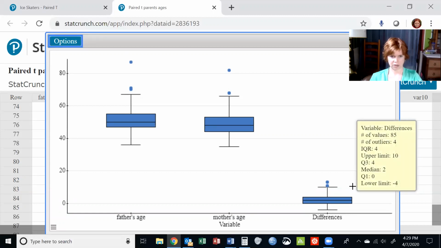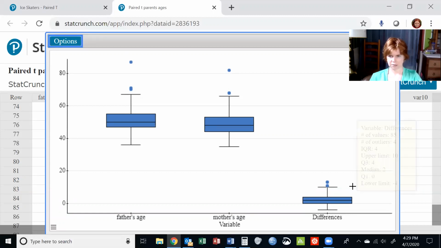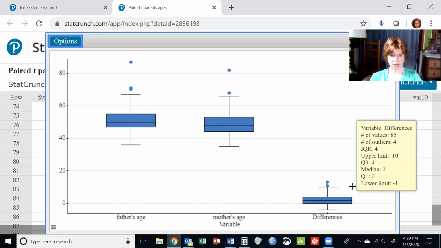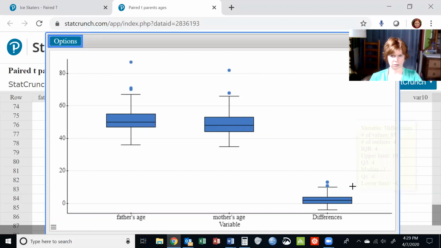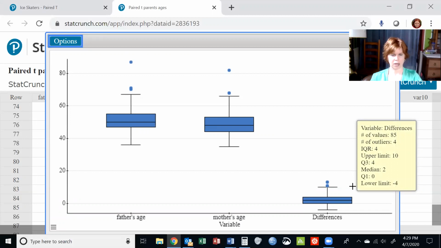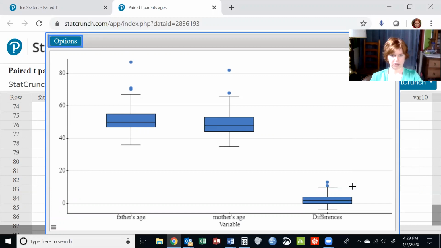So here, what's the minimum? Oh, -4. Okay, this is looking at the wrong thing. But anyway, like this person up here, there's somebody who looks like they're 85 years old.